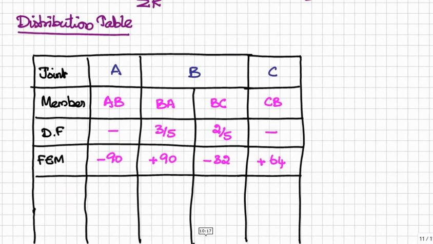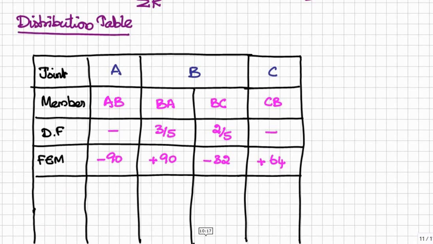For equilibrium condition, there should be some minus 58 moment to be added at this joint, so that we will have zero balance moment. Clear?